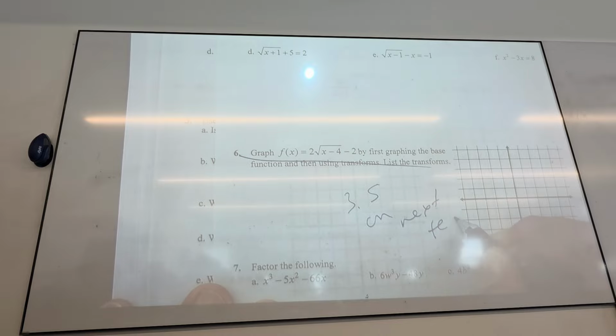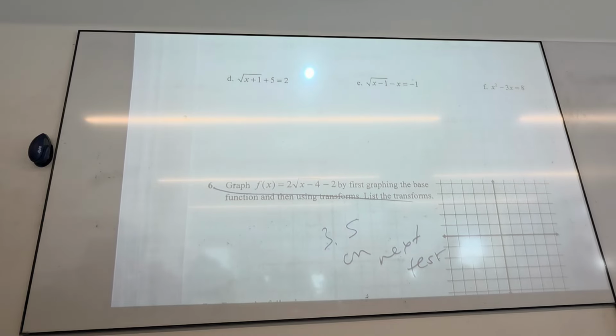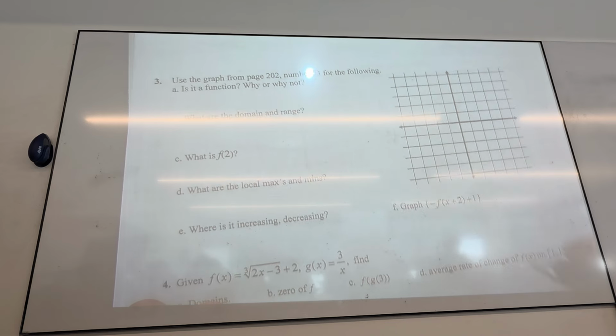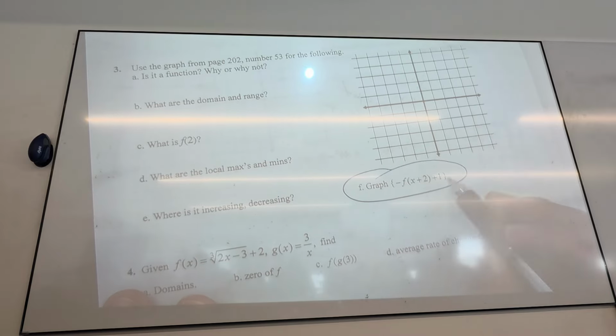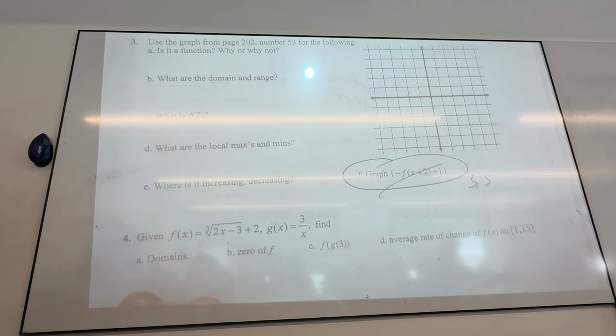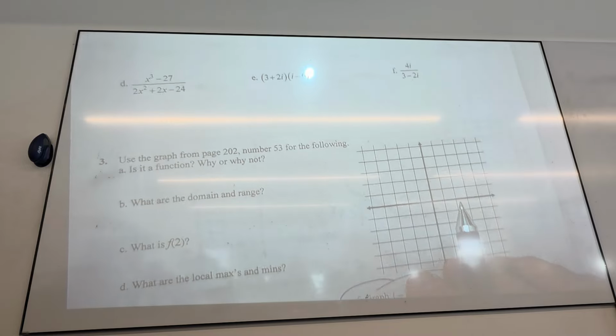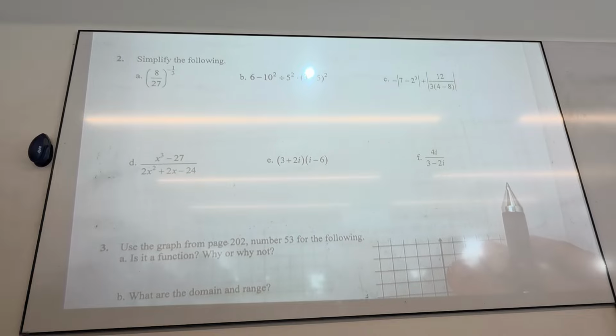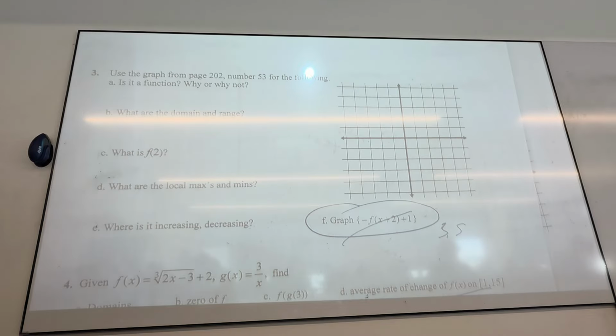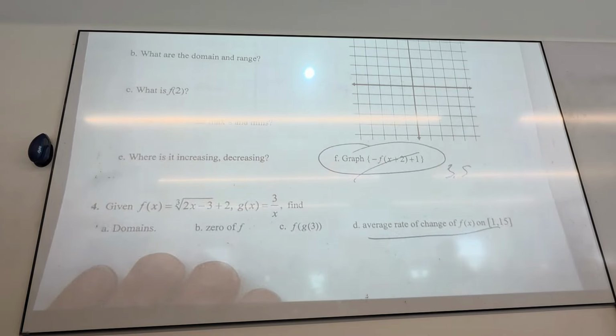Okay, what else was it? This one. That's related to transformations, that's related to section 3.5. And I think we did talk about average rate of change. Okay, I think that's it. Those are the ones I had to throw out. For now. Don't get too excited. They will come back.